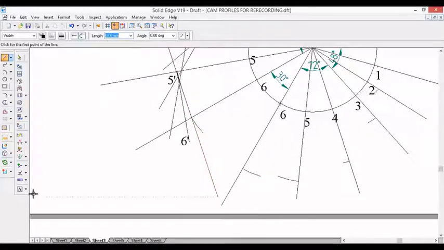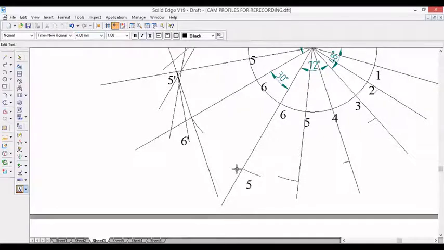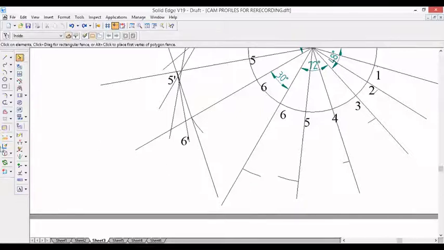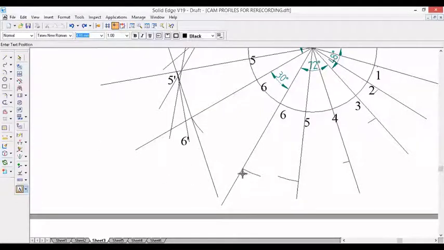So this is 5 dash. I give names. This is 5 dash, 4 dash, 3 dash, this is 6 dash in fact, 5 dash, 4 dash, 3 dash, 2 dash, and finally 1 dash.